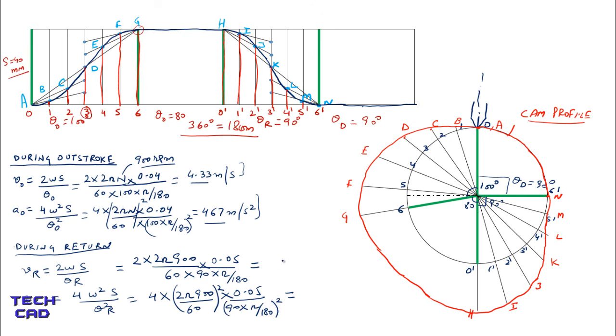After putting the values of all the variables, we got maximum velocity as 4.8 meter per second and maximum acceleration is 576 meter per second square. So these are the values for the maximum acceleration and maximum velocity during rise and return of the follower.